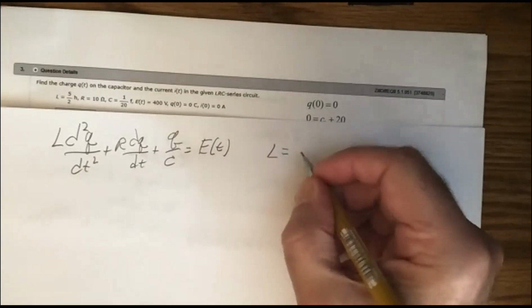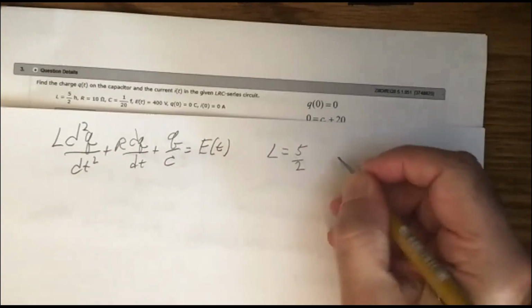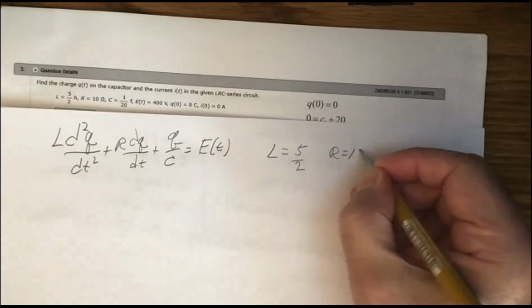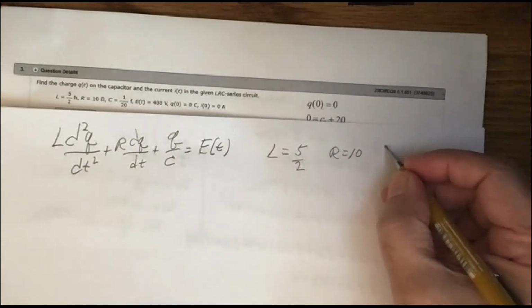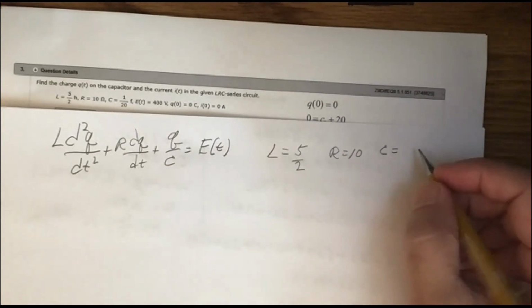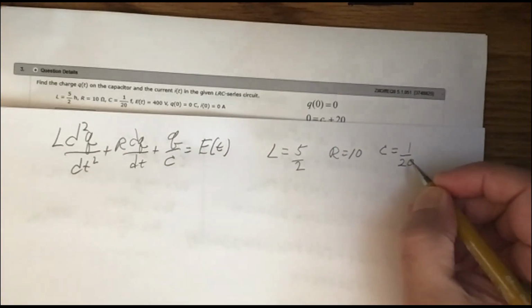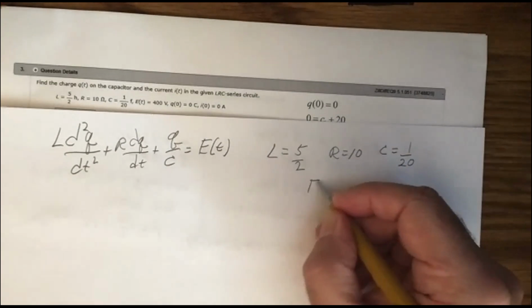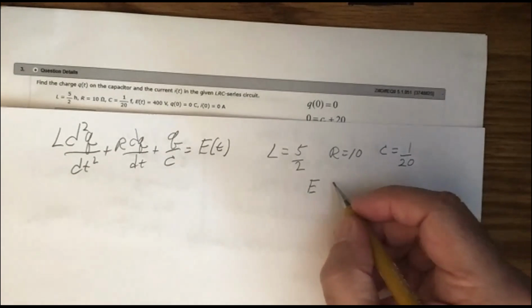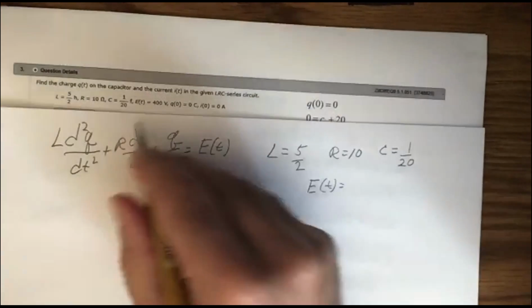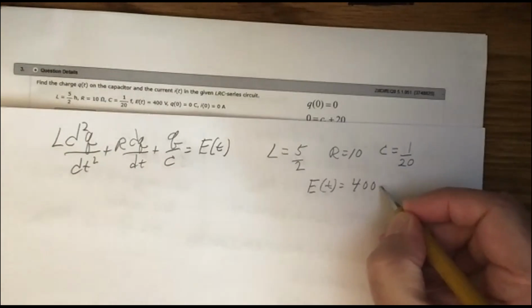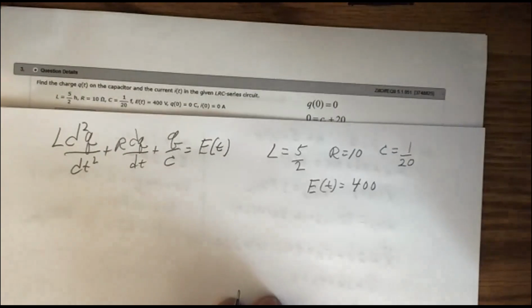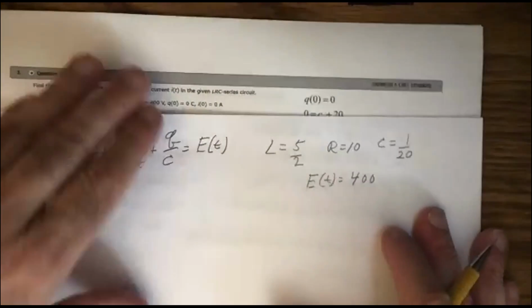We're told in this problem that L is equal to 5/2, R is equal to 10, C is equal to 1/20, and the voltage is actually a constant. They give it as a function, but it's equal to 40.